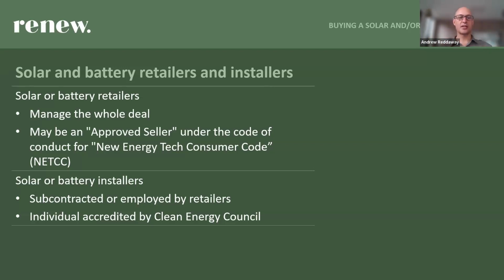They're managing the deal, and they have to take responsibility for the whole thing, especially if they're approved seller under the New Energy Tech Consumer Code, which they pretty much all are in Victoria, because of the way the Victorian government incentives work. Okay, so that's one level.